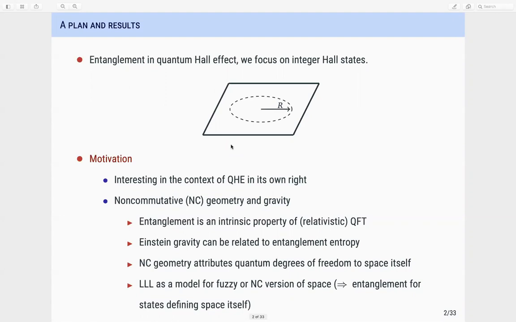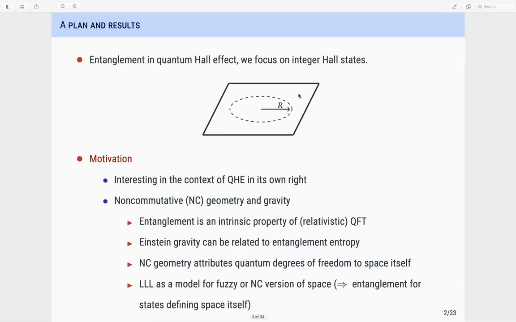So this two-dimensional picture is essentially saturated with electrons. And then we draw some closed curve, like the dashed curve shown here. And we ask, what is the entanglement between states inside and outside? That is the basic question.